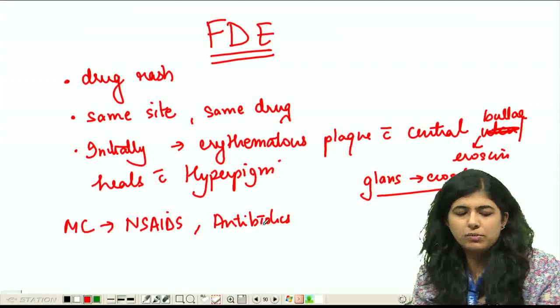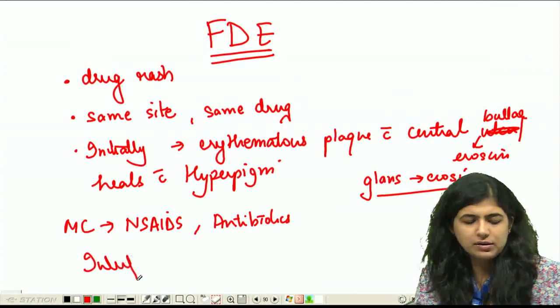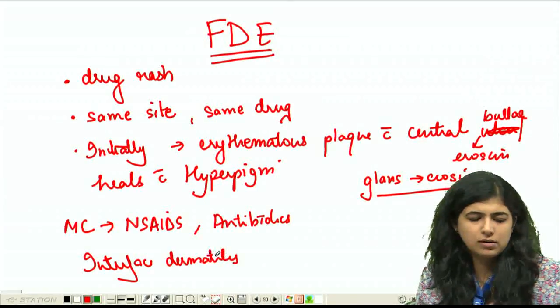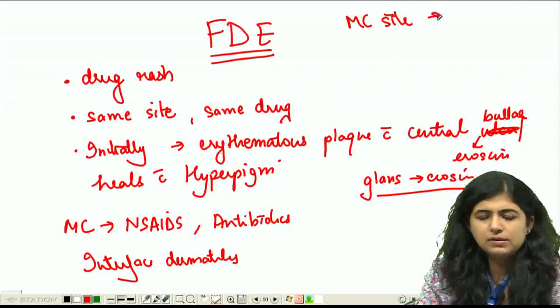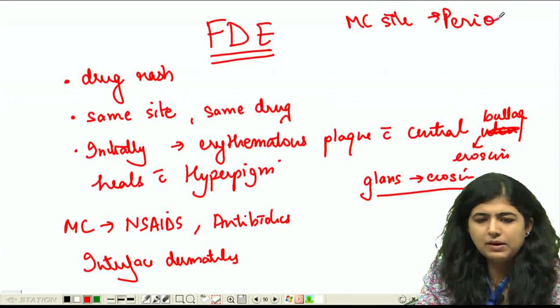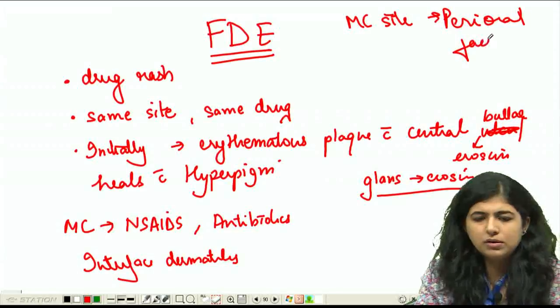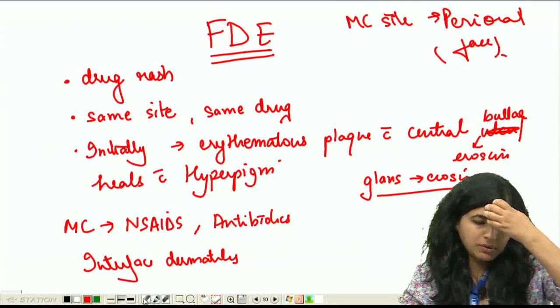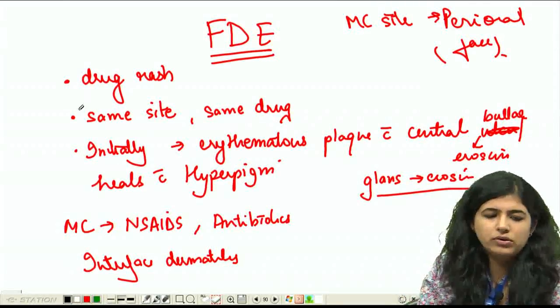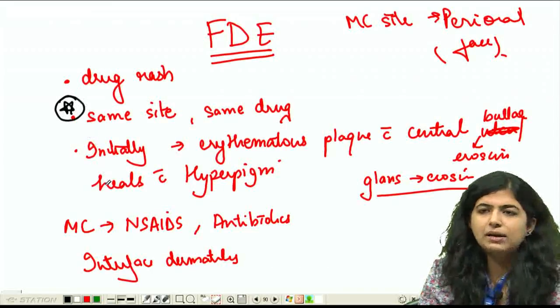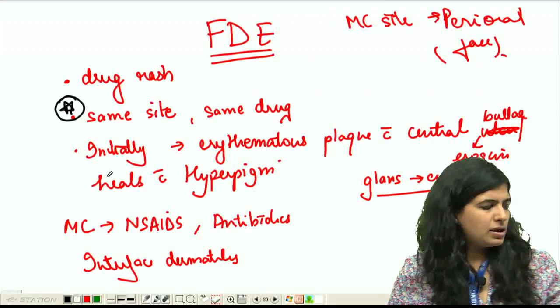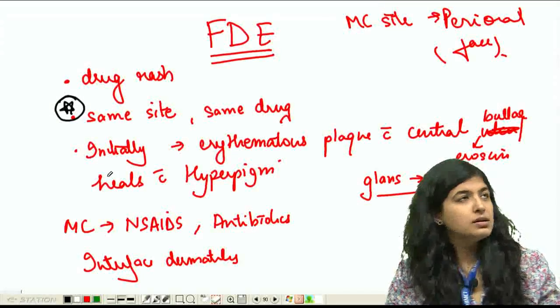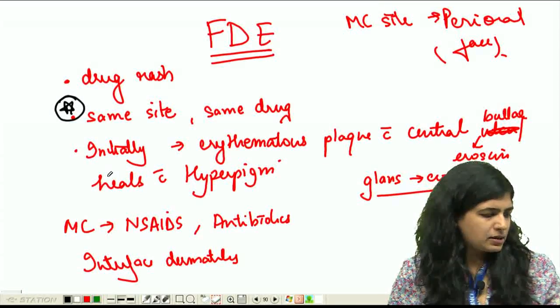This is what you need to remember about FDE, and the fact that it has interface dermatitis in histopath. Most common site is perioral on the face. Please remember all these points are very important. Same site every time. The patient will give you a history that every time I have this medicine, I have a rash which comes at the same site.